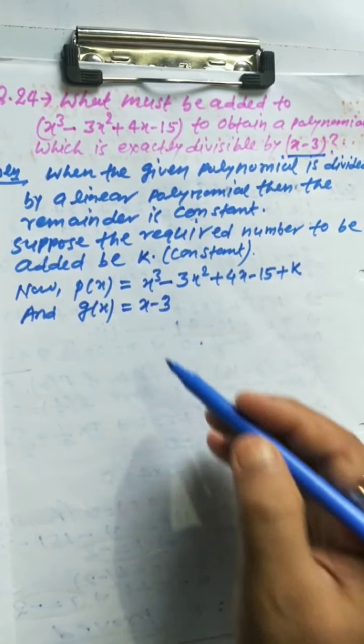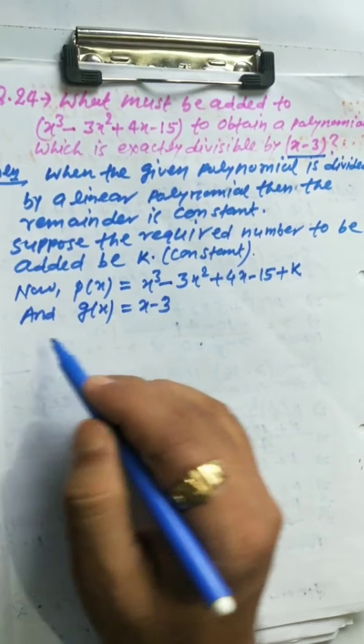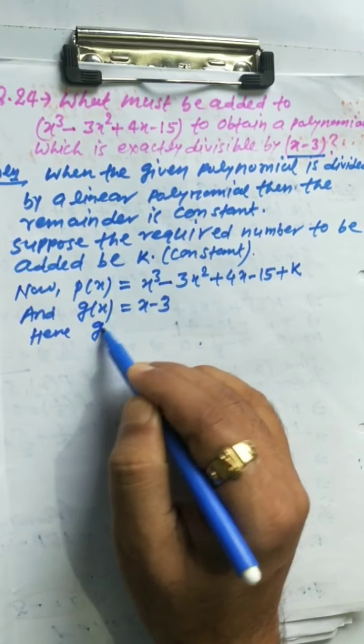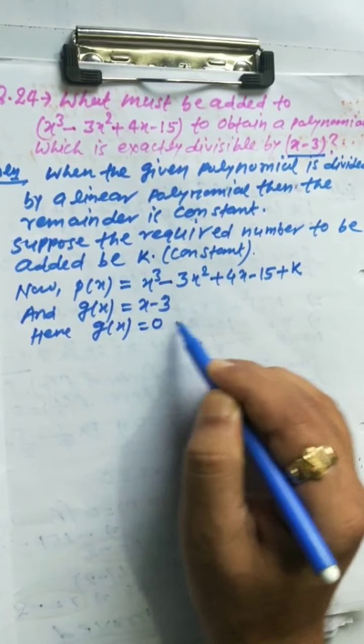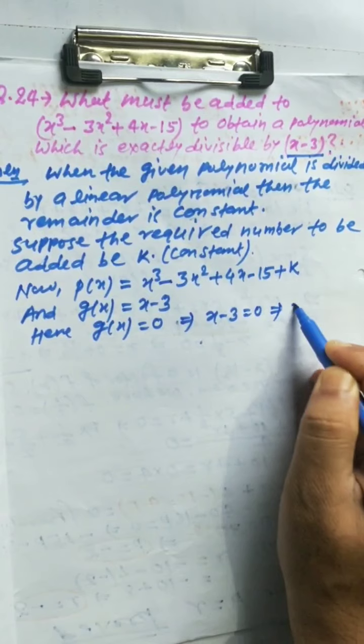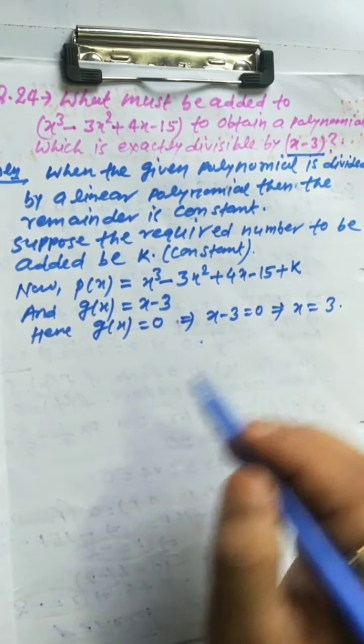Now let us find the value of x from this. Here g(x) will be equal to 0, x minus 3 is equal to 0, x is equal to 3.